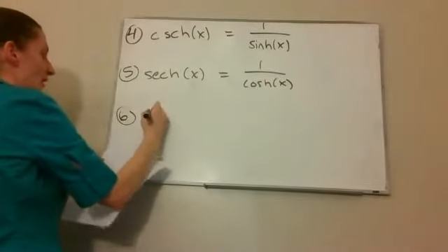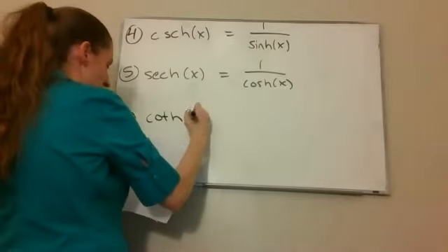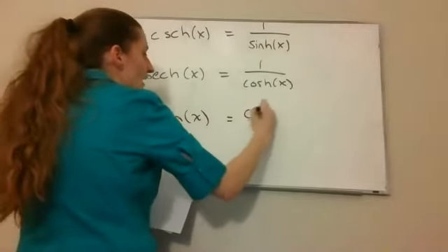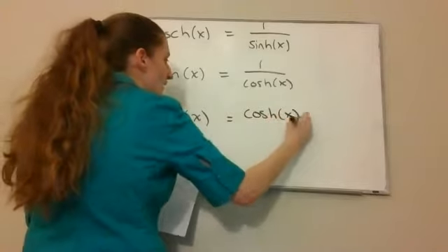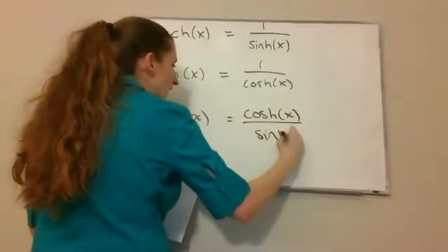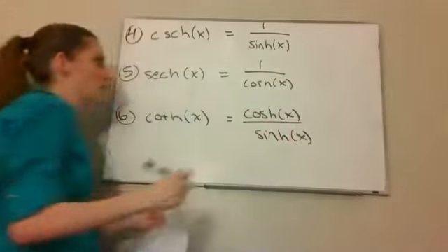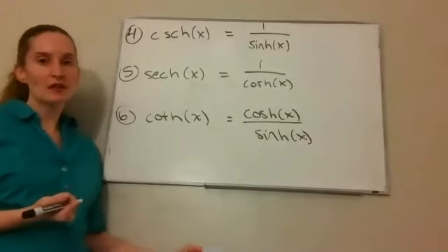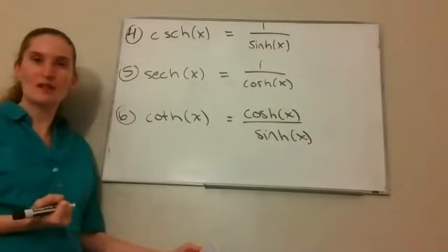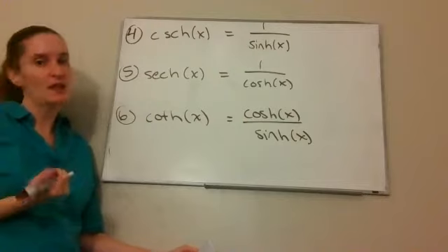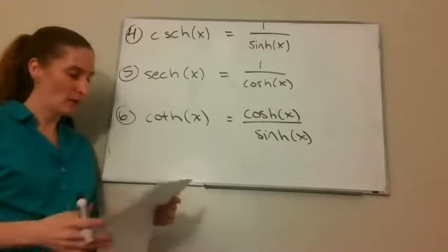And the hyperbolic cotangent is hyperbolic cosine over hyperbolic sine. And of course, these three can also be written differently using the definitions of hyperbolic sine and cosine, using all the e to the powers.